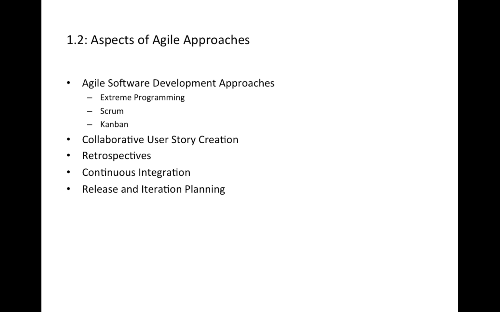There is a technique to address this. The tester may use the technique called INVEST, where I stands for independent, N for negotiable, V for valuable, E for estimable, S for small, and T for testable. So this is a collaborative user story creation way.